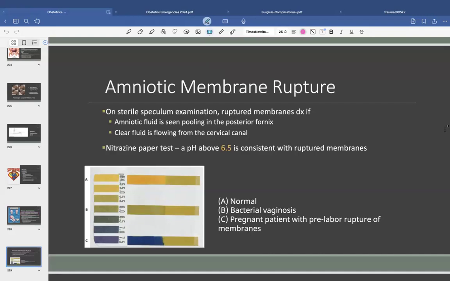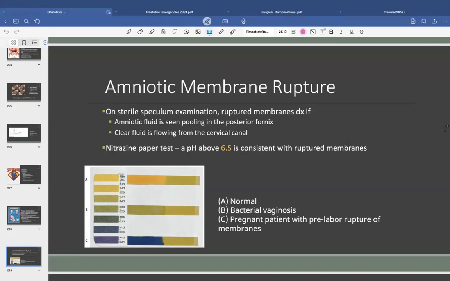So your normal pH is a lot lower than amniotic fluid. So anything above 6.5 would be consistent with ruptured membranes. You see that at the bottom. And it just goes back to bacterial vaginosis having a higher than usual pH, for example.